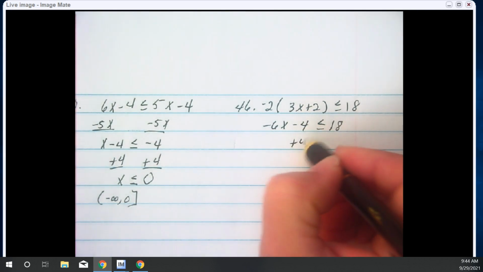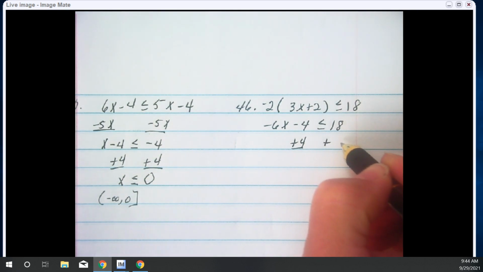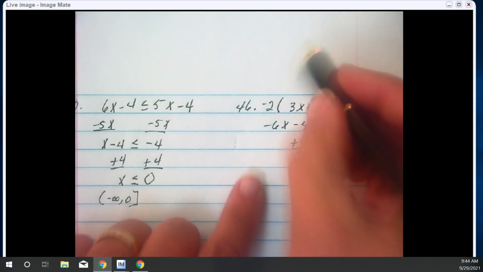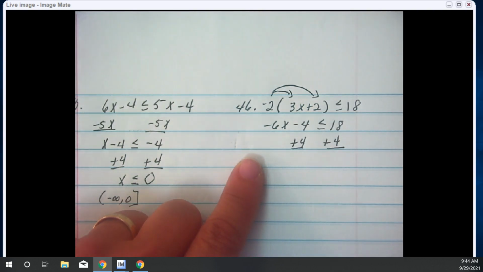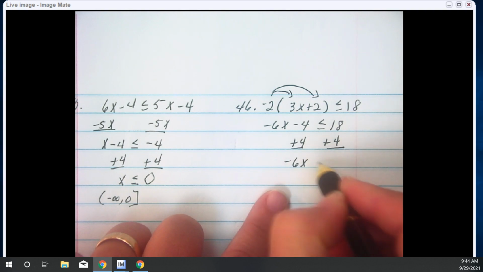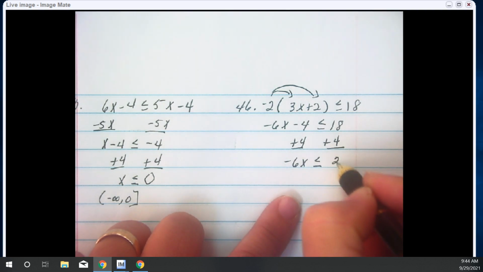Add the 4. I distributed, multiplied the -2. And then I add the 4. So -6x is less than or equal to 22.